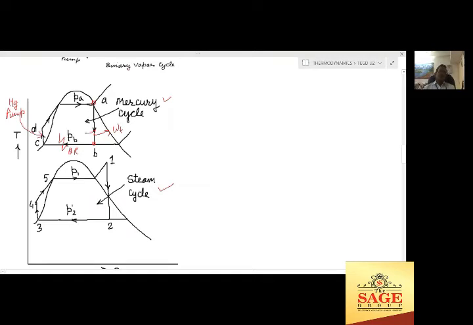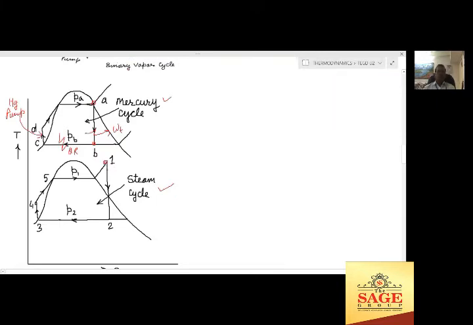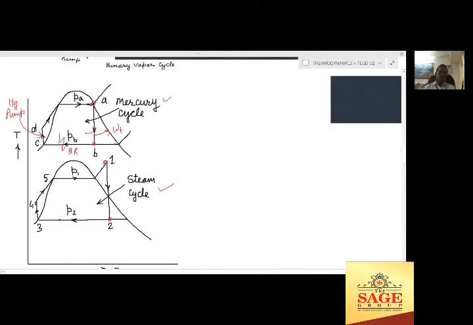Now in the second cycle, which is the steam cycle, point 1 indicates the superheated steam. The superheated steam expands along the process 1 to 2 in the steam turbine, producing the steam turbine work.